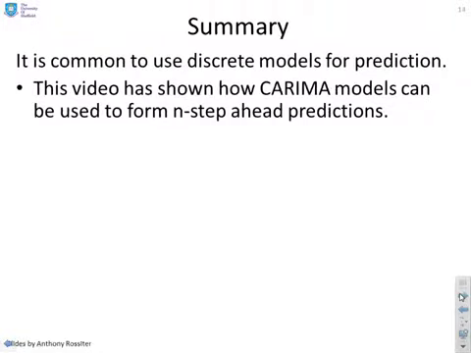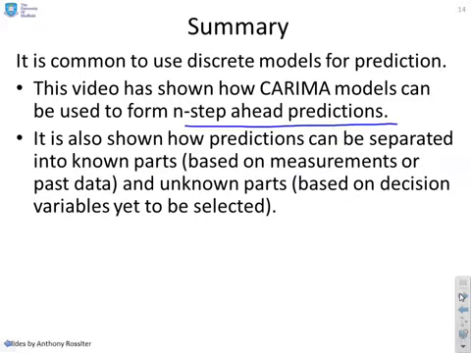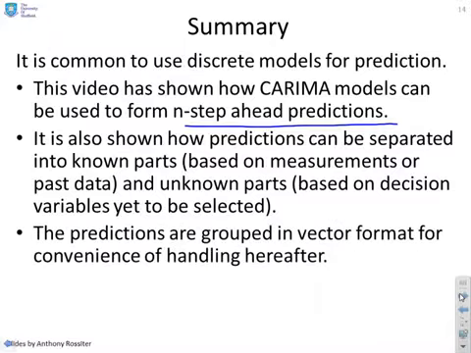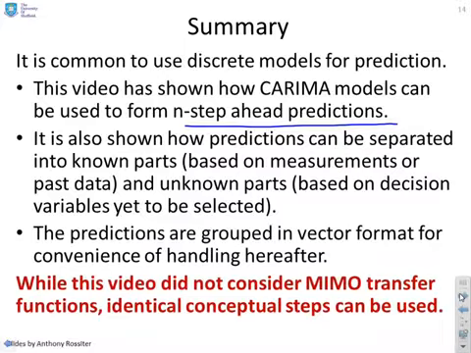So in summary, it's common to use discrete models for prediction, and this video has shown how if you have CARIMA models, you can form n-step ahead predictions, and you can pretty much write down what these are without any calculation at all. It's shown how the predictions can be separated into known parts and unknown parts, and the predictions are grouped in vector format for convenience of handling hereafter.